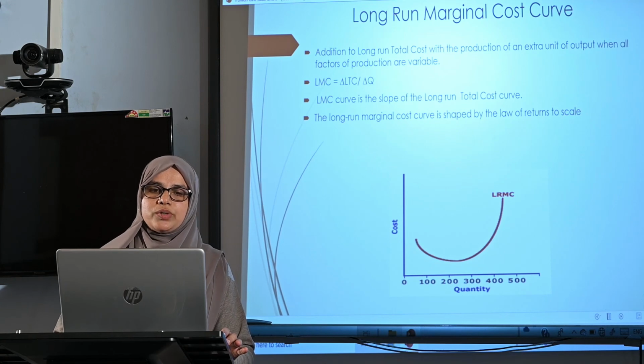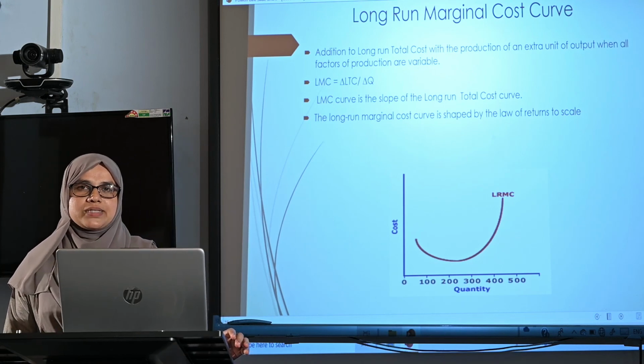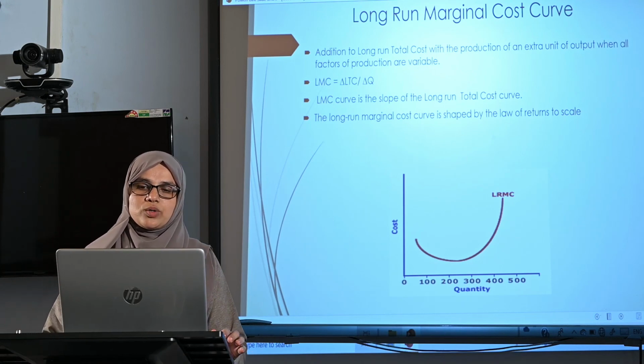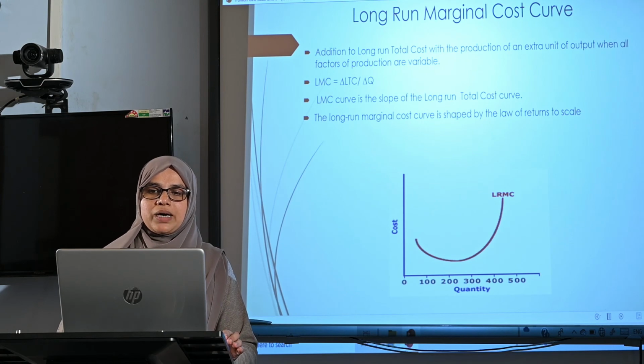LMC is equal to delta LTC by delta Q. Graphically, LMC is the slope of total cost curve and the shape of long run marginal cost curve is also U shaped. This is because of law of returns to scale. Long run marginal cost curve is flatter than short run marginal cost curve.